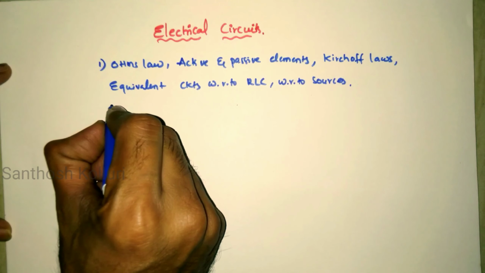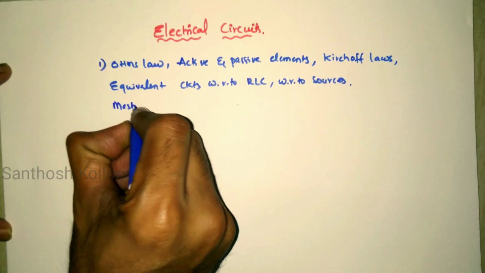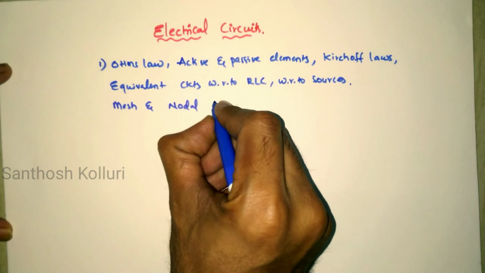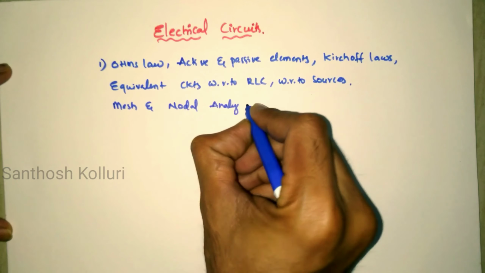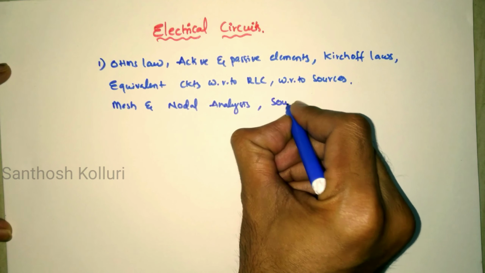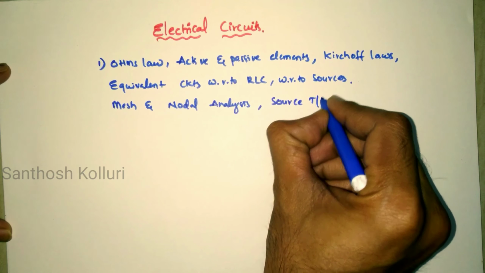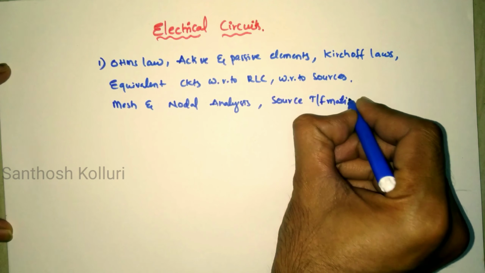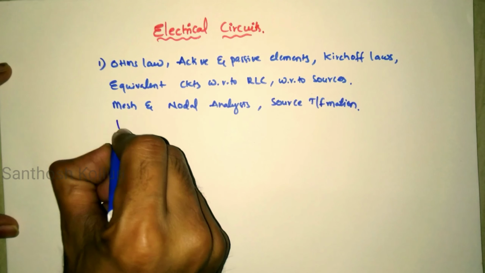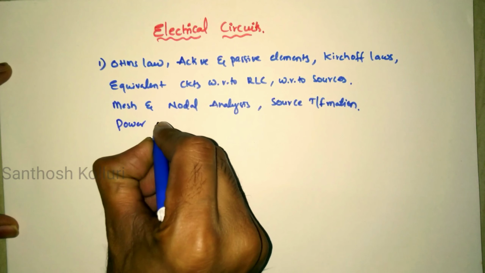And an important one is mesh and nodal analysis, both super mesh and super node, and after that source transformation techniques employed for network reduction, and after that power calculations.